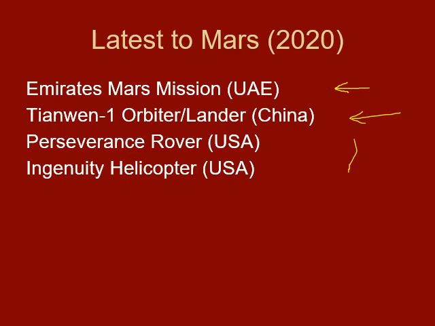The United States sent a spacecraft, and we sent a lander, the Perseverance rover, which has landed safely on the surface of Mars. And the Perseverance rover has a little smaller part with it, and that's a little helicopter, like a little quadcopter drone type thing, the Ingenuity helicopter, and it is going to be the very first aircraft to fly on Mars.